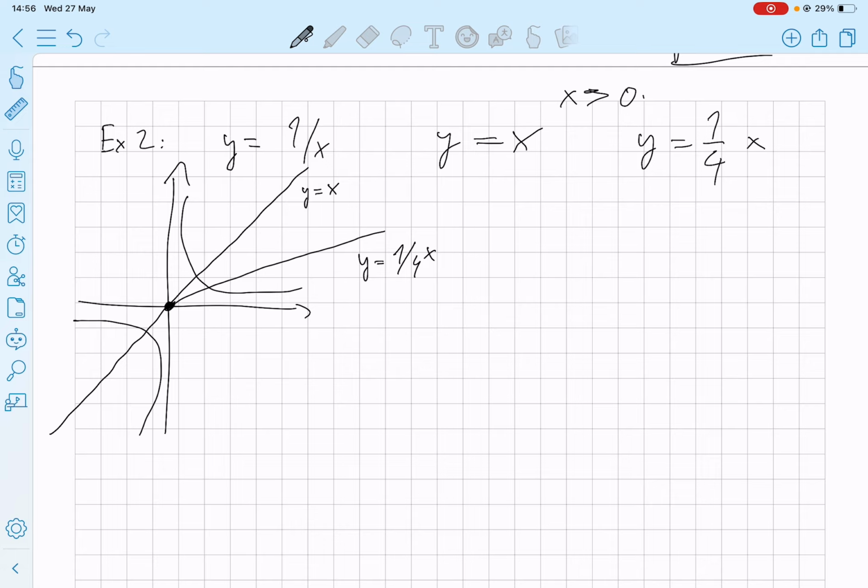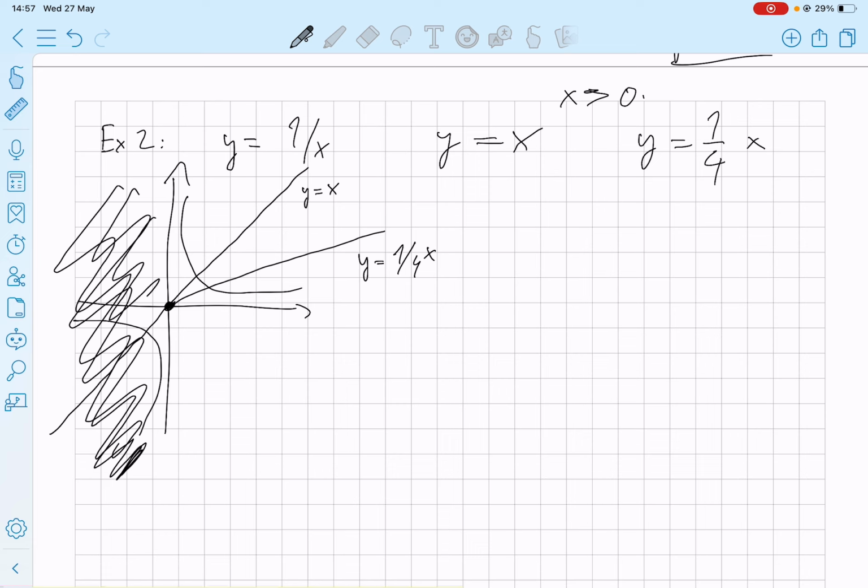So now the region enclosed by these three graphs, and you have x greater than 0, so you don't have to worry about the x that is smaller than 0. You don't need to consider this region.